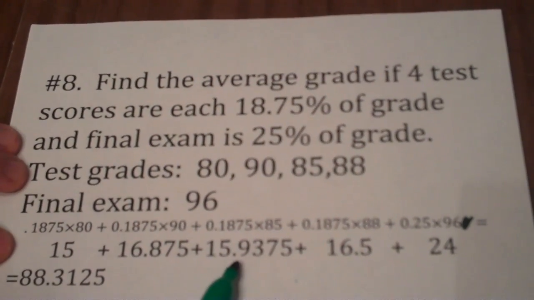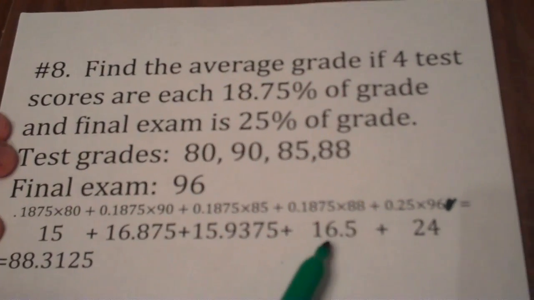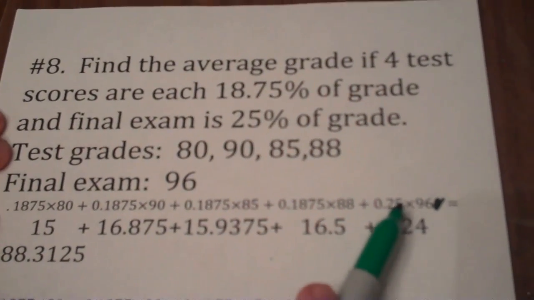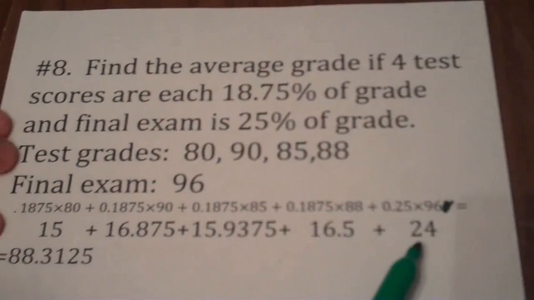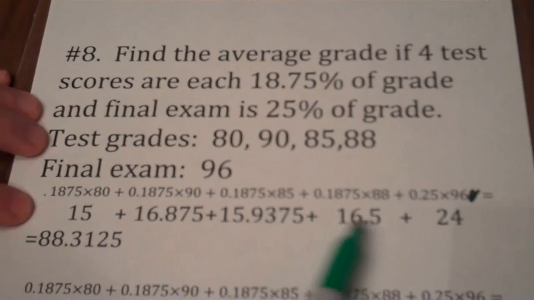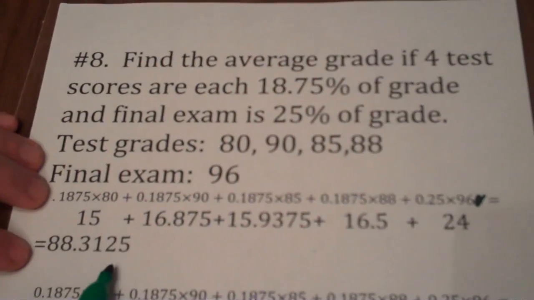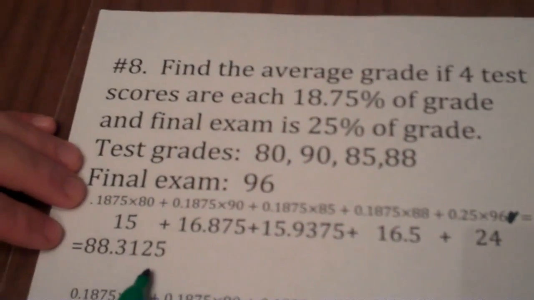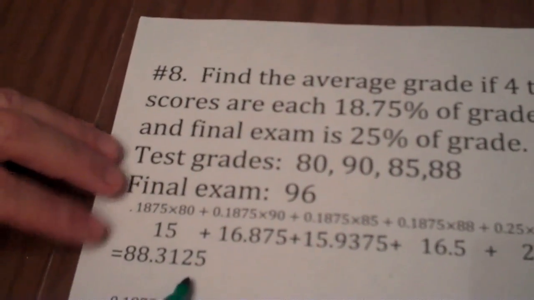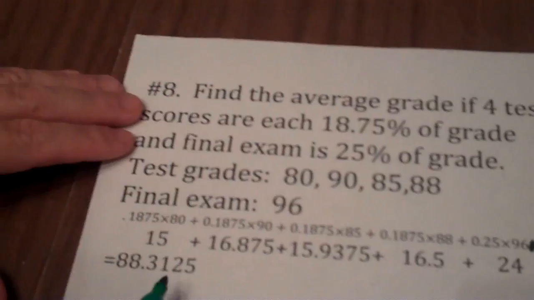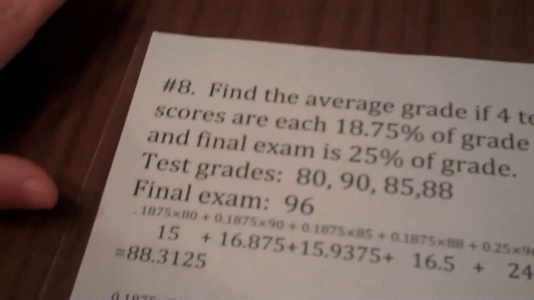Of the 85, here's the calculation, of the 88, here's the calculation, 25% of my 96 came out to be this. Adding all of those up gives me the total of 100% of my final grade, which in this case calculates to be 88.3125.